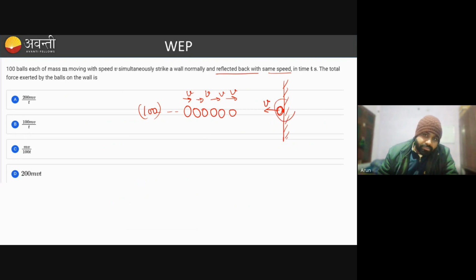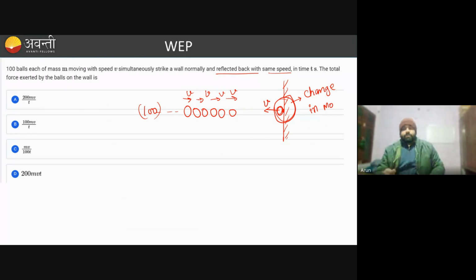So in this process, there is a change in momentum. Although they are not losing the magnitude of the velocity, they are changing the direction. Momentum is mass into velocity, so if velocity is changing, either by magnitude or direction, the momentum will change.